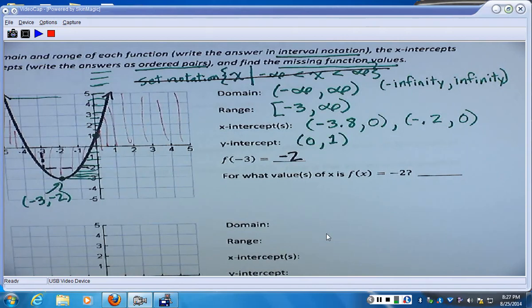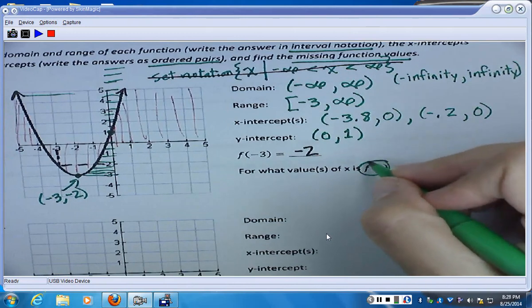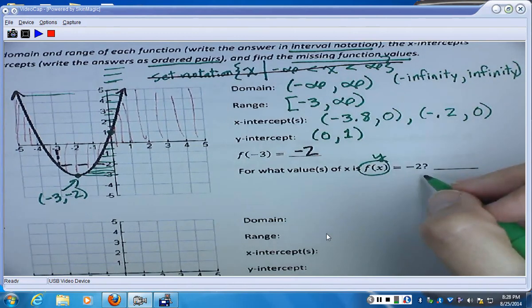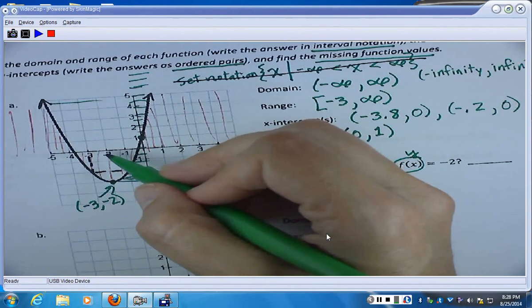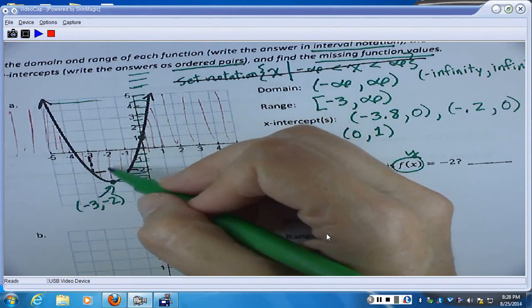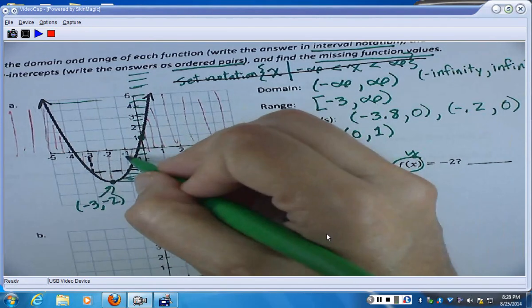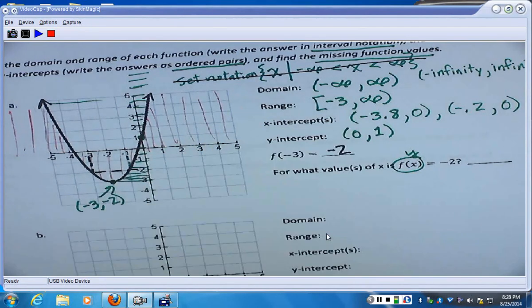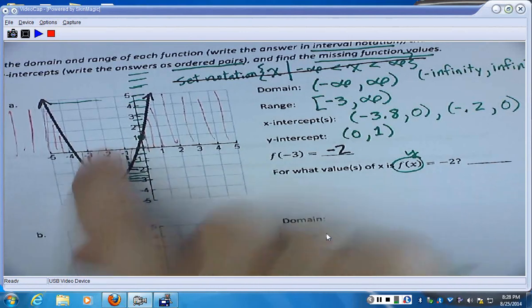Okay, and then for what values of x is f of x equal to negative 2? And that's y. So when y is negative 2, x can be negative 1 and negative 3.